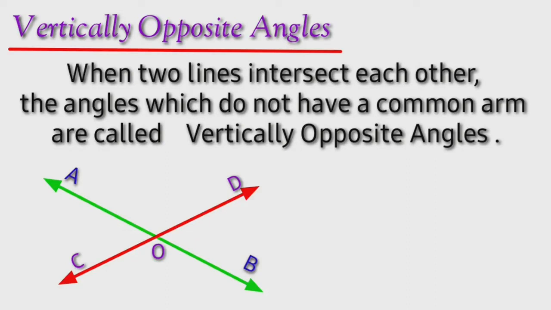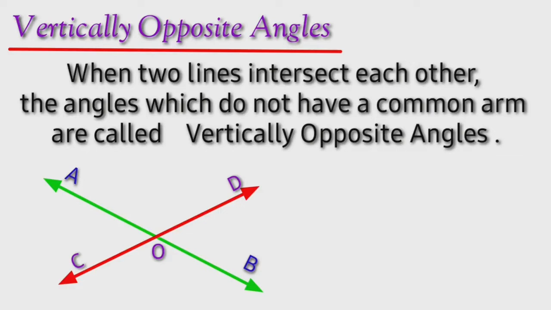Do you know what vertically opposite angles are? When two lines intersect at one point, the angles which do not have a common arm are called vertically opposite angles. It is clear from the term itself.